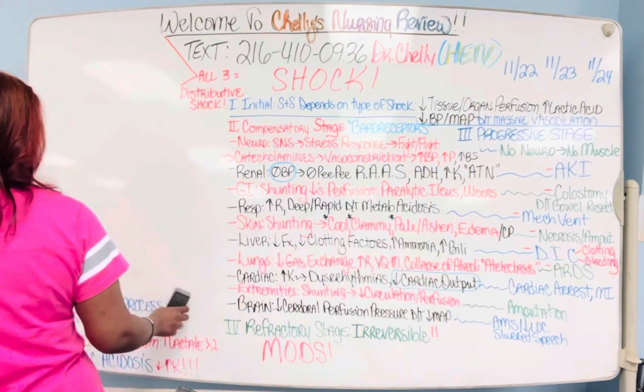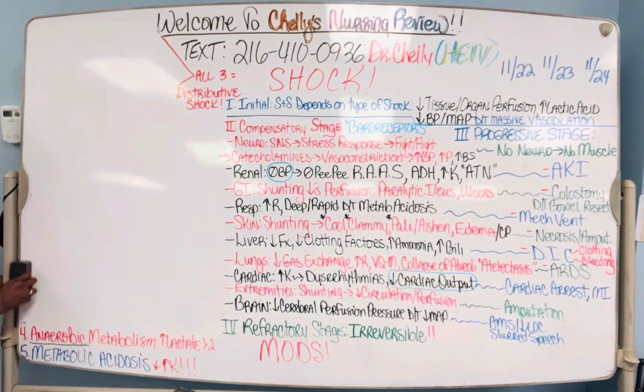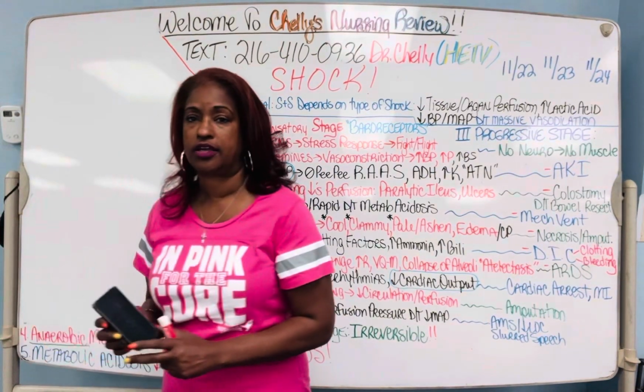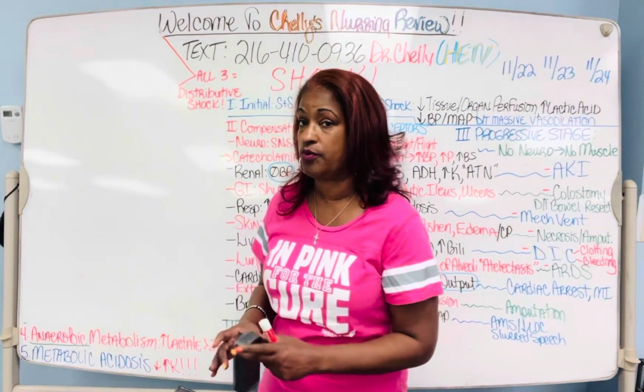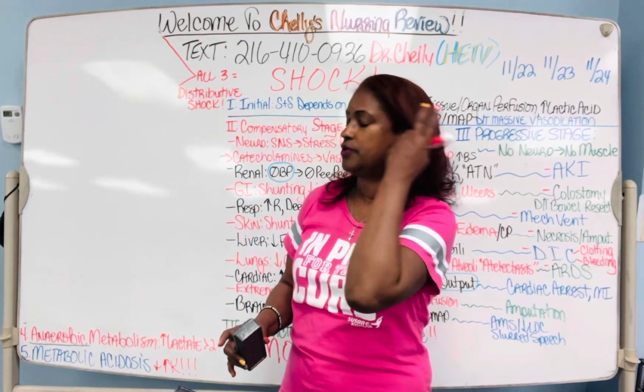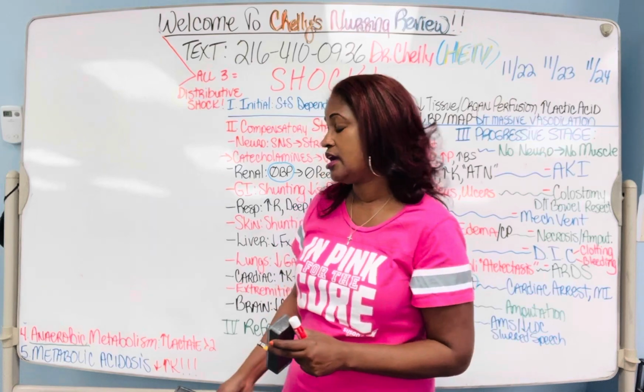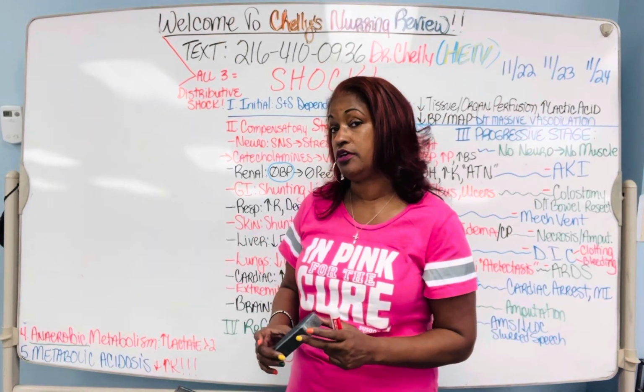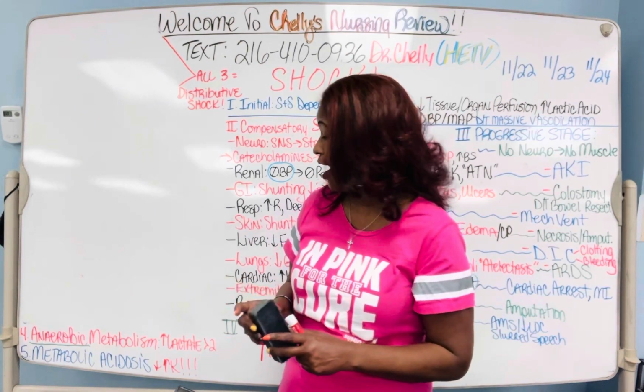So that is what shock is. Now, we have other things that shock is, and you have to remember this for whatever test. Shock is anaerobic metabolism with an increase in lactic acid, and that sometimes is the lab we use to see, oh shit, you're going into shock.